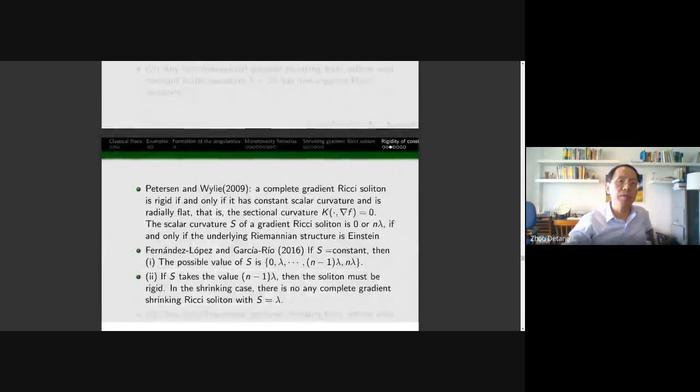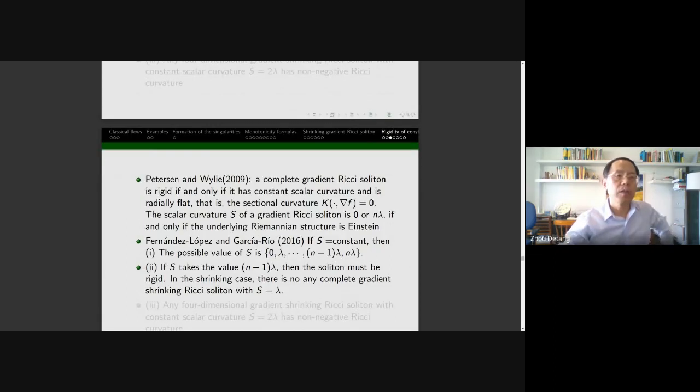Furthermore, Petersen and Wylie proved this one and this one, and Fernández-López and García-Río proved that this one and this one cannot happen. If this one happens, then it has to be rigid.